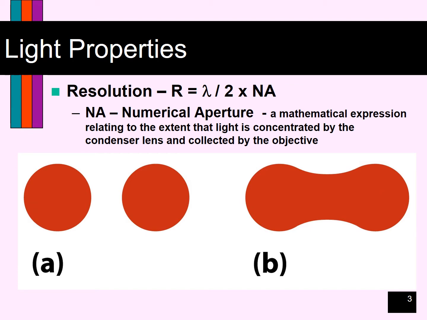But if they're closer together than that, then they are not going to be resolved or separated, and they will look like what you see in part B of this figure. So that would be something that would fall below the resolution of the microscope.